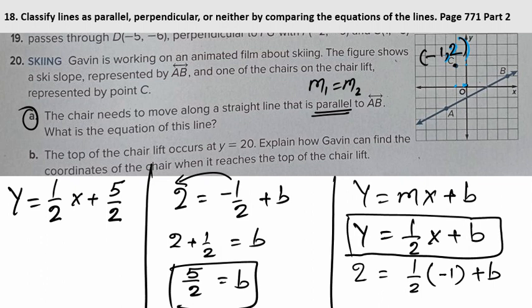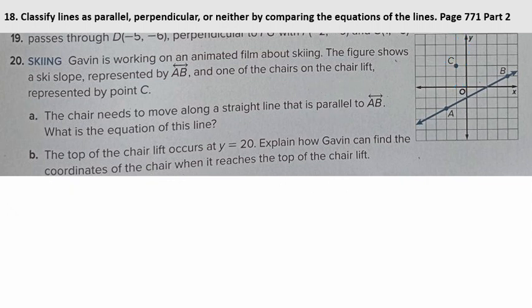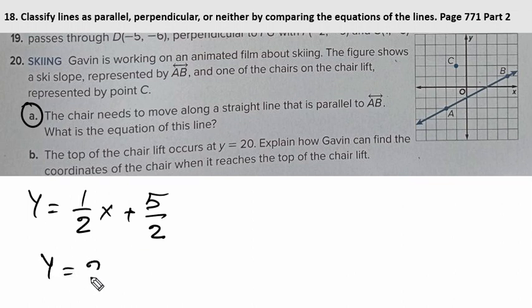Now let's try to solve the second question. Top of chair lifts occur at y equals 20. Explain how Gavin can find the coordinate of the chair when it reaches the top of the chair lift. For this we will need the previous equation from part A. That was our equation. Now in part B, y equals 20 is given.